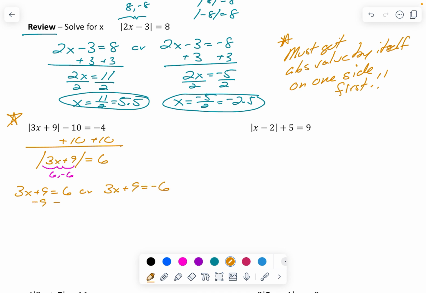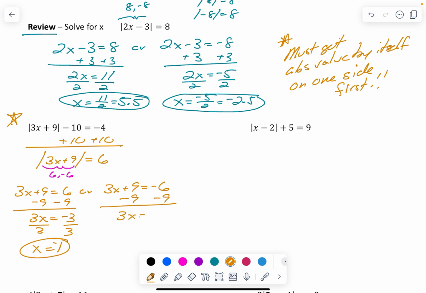Solving each of these, we get 3x equals negative 3, and x equals negative 1. So that's one answer. Or on the other side, we get 3x equals negative 15, divide both sides by 3, or x equals negative 5. So those are our two answers.